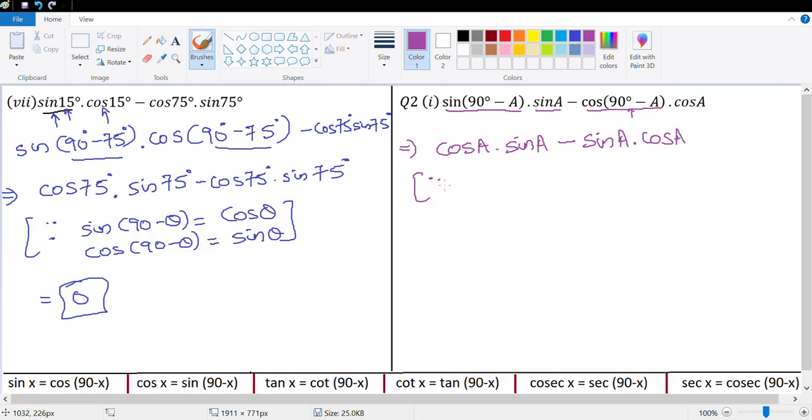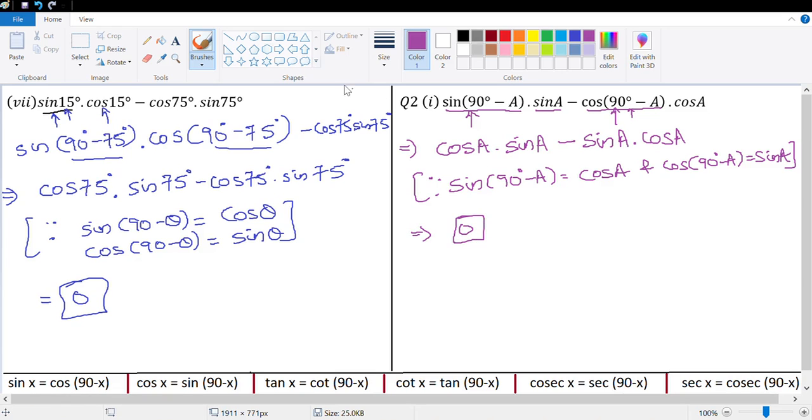Reason: since sine 90 degree minus a is equal to cos a and cos 90 degree minus a is equal to sine a. So I have changed sine 90 minus a here and cos 90 minus a in the second term. So both these terms are exactly the same, which means my answer is 0.